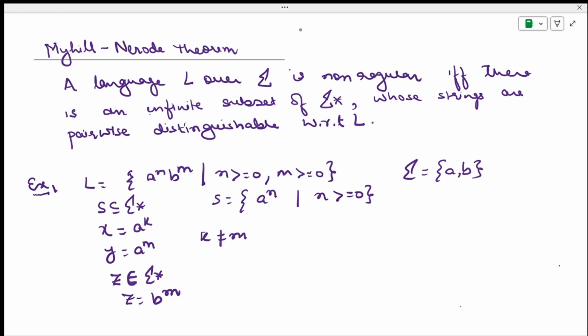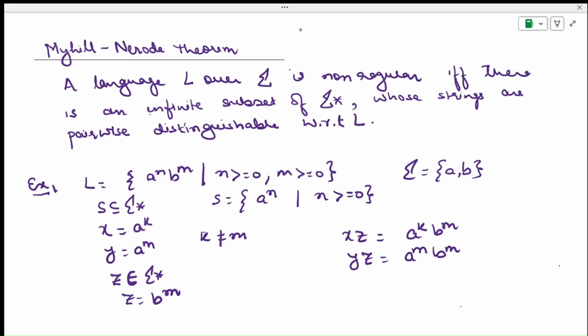So now we start concatenating x with z and y with z. Xz, I'll get a raised to the power k followed by b raised to the power m. Yz is a raised to the power m, b raised to the power m.